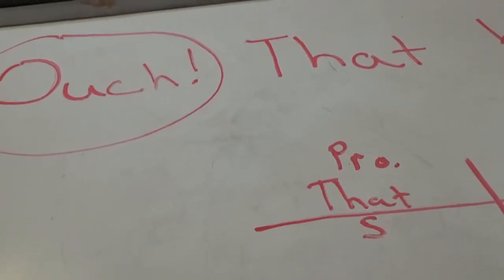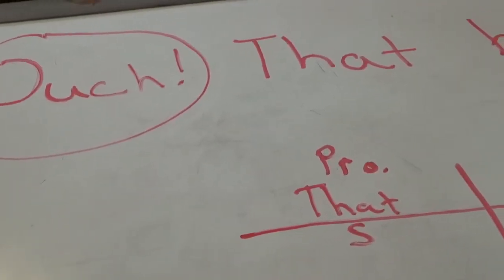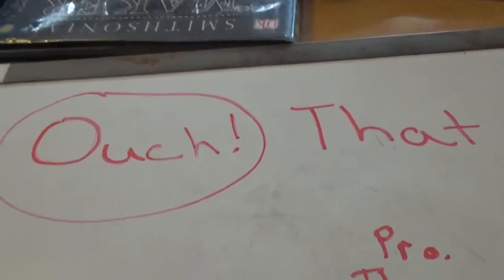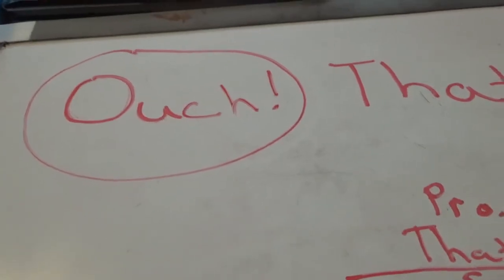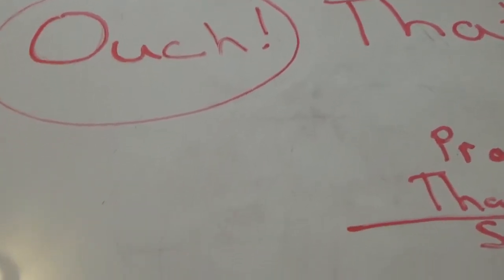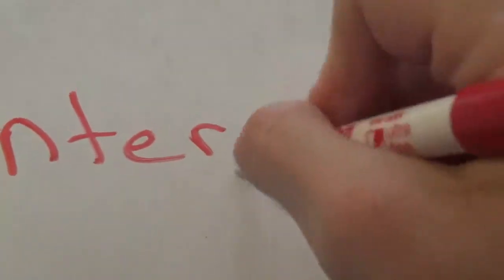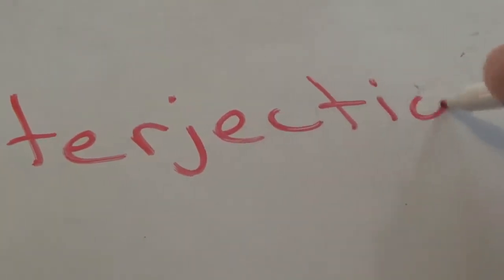Let's see, we've done nouns, pronouns, oh, I didn't say verbs. Verbs, of course. And now we'll talk about our eighth one, which is an interjection. And that word looks like this. Interjection is our eighth part of speech.